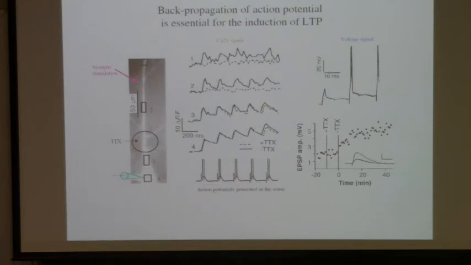And of course, if you put TTX in here, and then you pair firing action potentials with the synaptic stimulation, you don't get any LTP. Now, you wait a few minutes, until the TTX goes away, and you repeat it, and now you get the potentiation. So the idea is that by preventing the back propagation of the action potentials, you don't get plasticity. You don't get LTP.